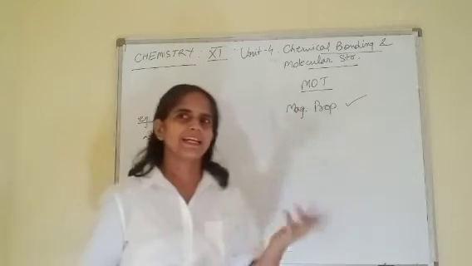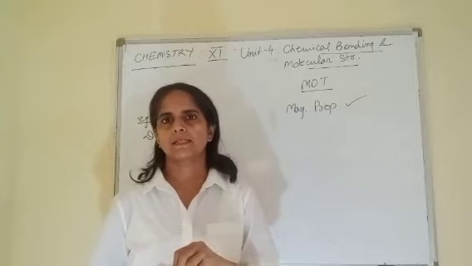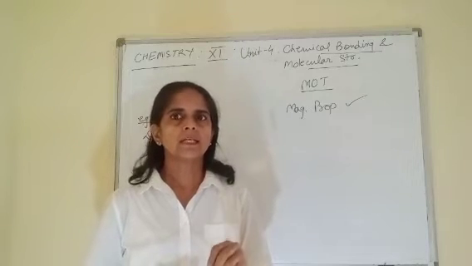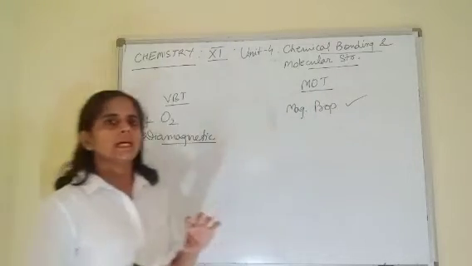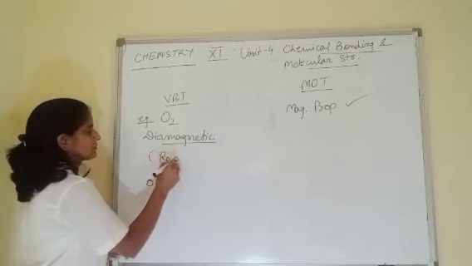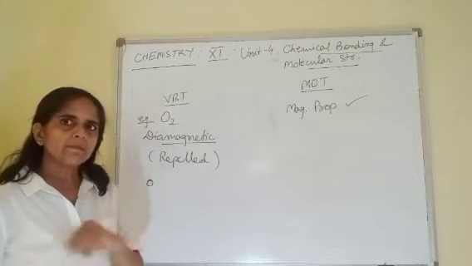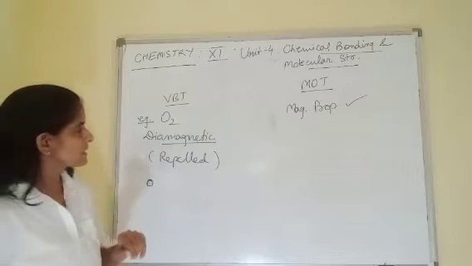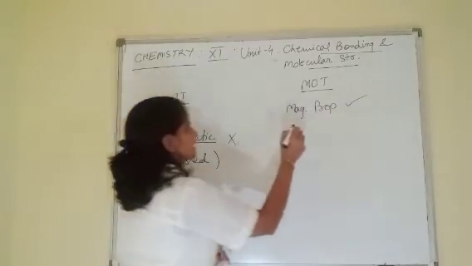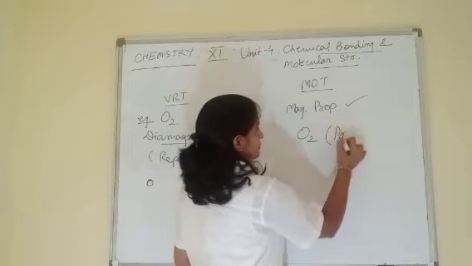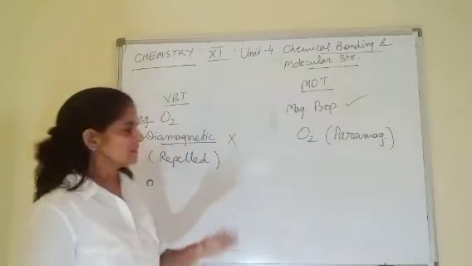Now children, what do we mean by diamagnetism? Diamagnetic substances are the substances which are weakly repelled by an external magnetic field. Got it? But experimentally it is proved that oxygen is not diamagnetic. Actually, this is a paramagnetic substance, just opposite to this.